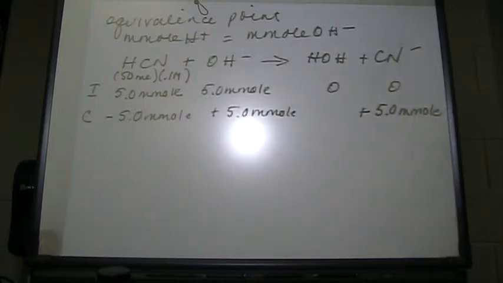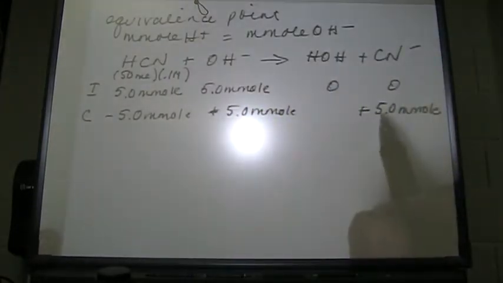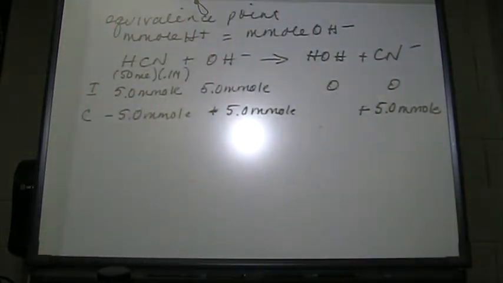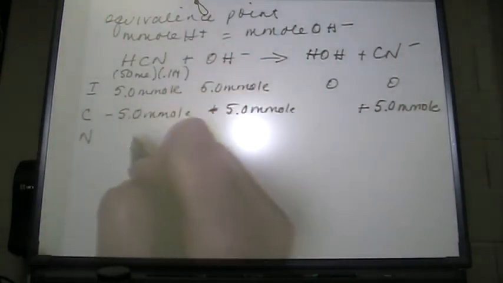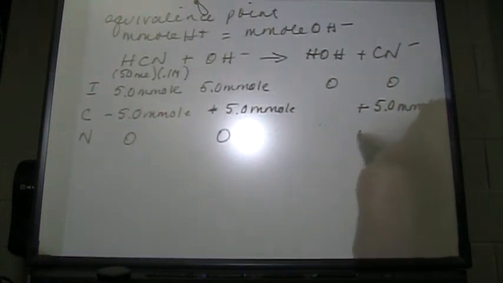The water we're not concerned with. It's not going to affect the pH. So at neutralization, we have none of this left, none of this left, and we have produced 5 millimoles of the CN.